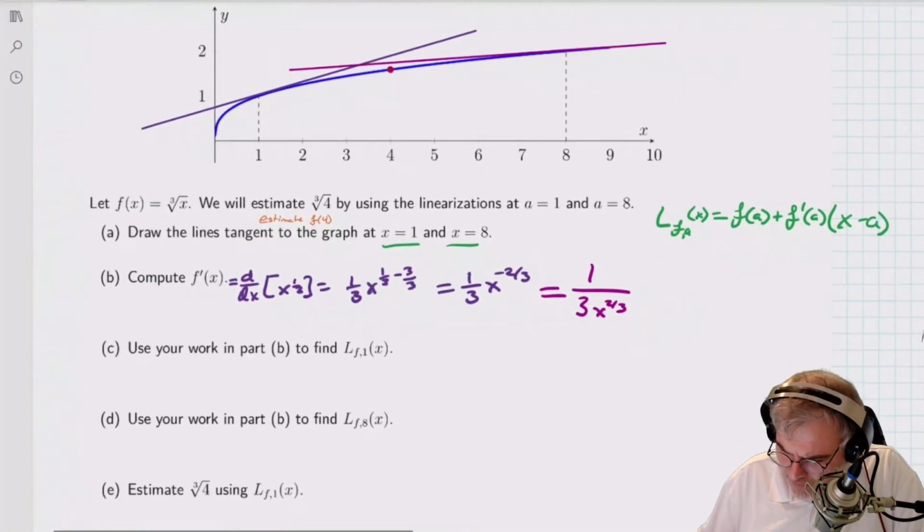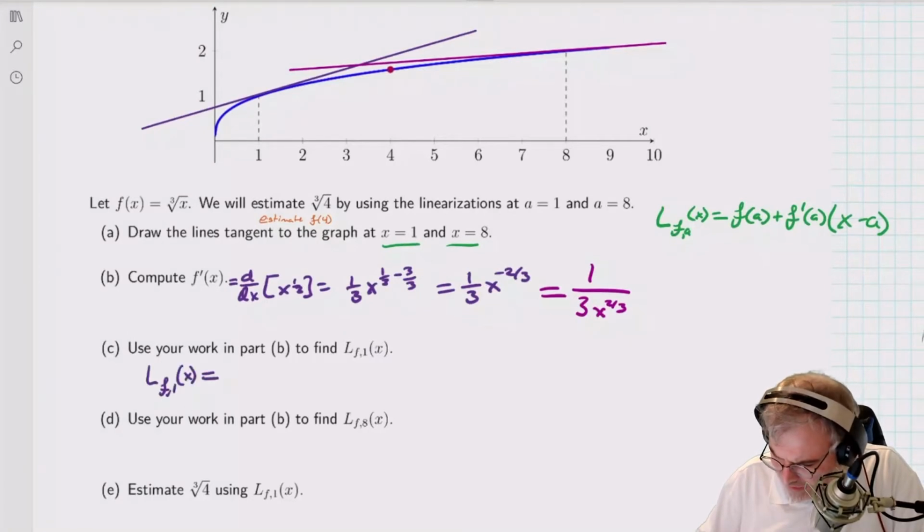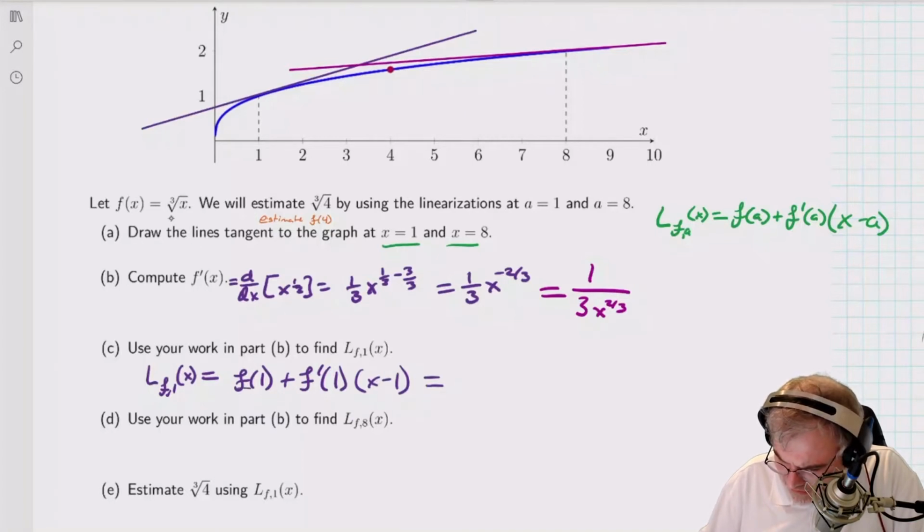So what I'm going to wind up with is L1 of x equals f of 1 plus f prime of 1 times x minus 1. And f of 1 is the cube root of 1, that one's easy, plus f prime of 1 is 1/3 with the 1 to the 1 over 3.